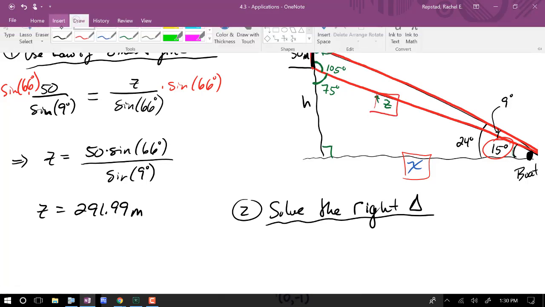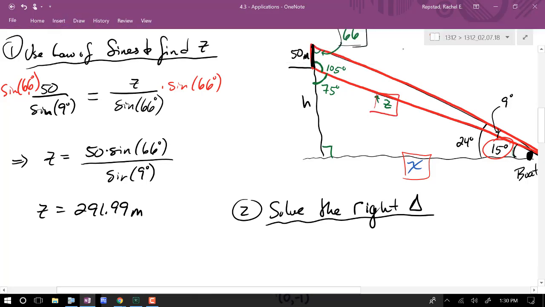What function do we want to use? Yeah, cosine. On SOHCAHTOA, cosine of 15 degrees is adjacent over hypotenuse, so that's x over 291.99.